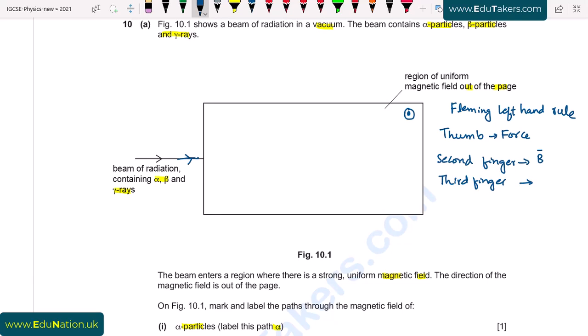If I consider alpha particles, these are moving from left to right. So the direction of flow is towards the right. And the magnetic field is out of page.